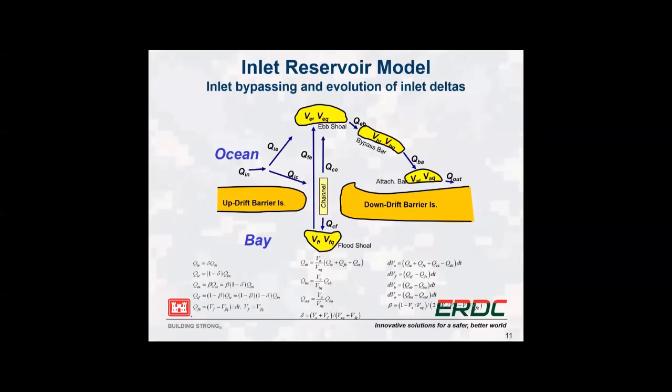That means you're getting more sand out of the bypass bar so that we get closer to the equilibrium volume of the bypass bar. So this is all just pretty straightforward algebra for the inlet reservoir model.